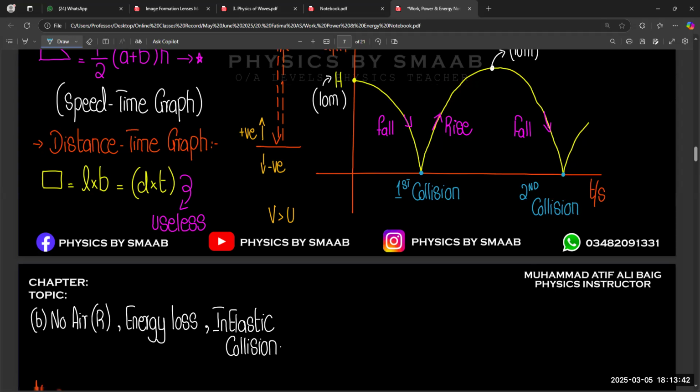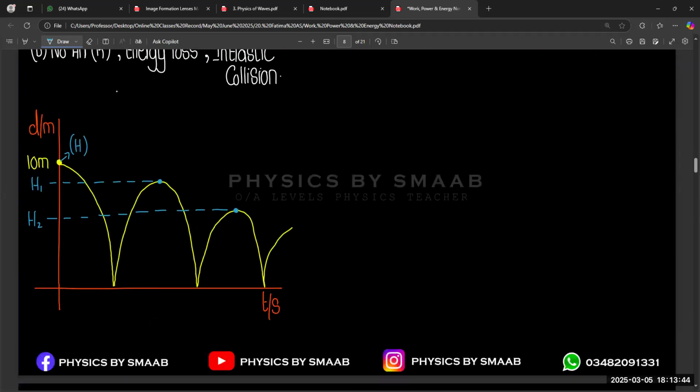This is the second collision. In the same way, first, second, third collisions, and we have a different height after every collision. So this is the graphical representation with a distance time graph.